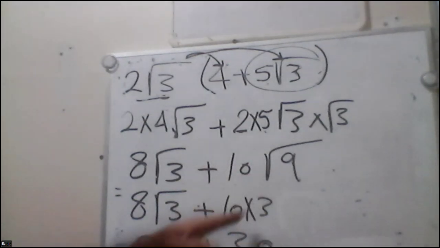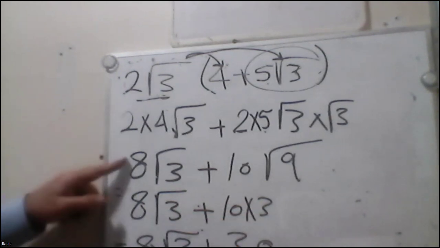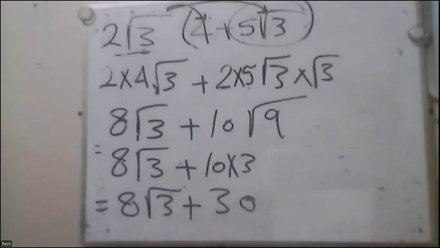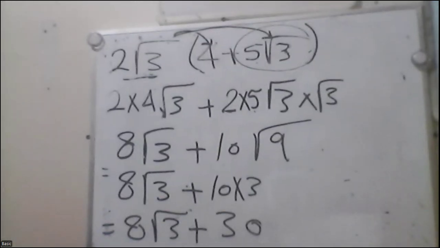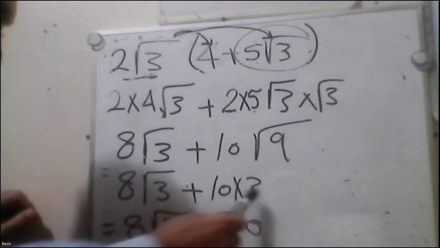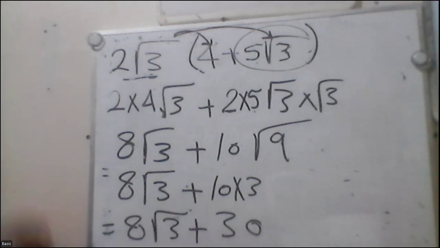So this will be 10 multiplied by 3. How about this one? It's the same, 8 root 3. Finally, 8 root 3 plus 10 times 3, that will give me 30. And that's it.